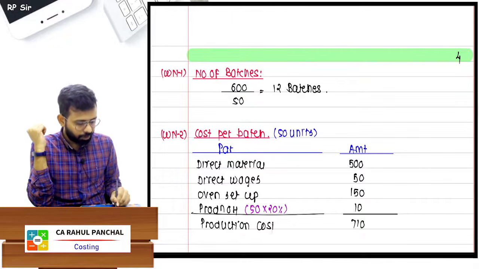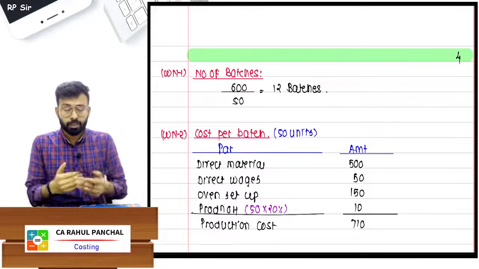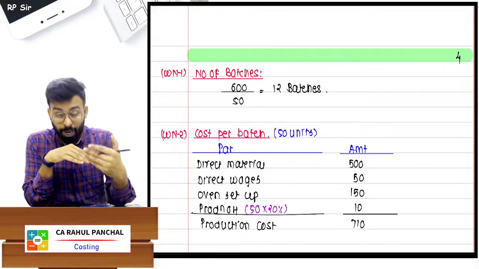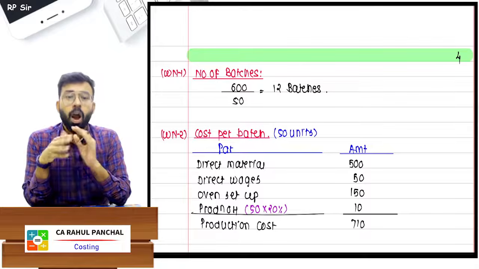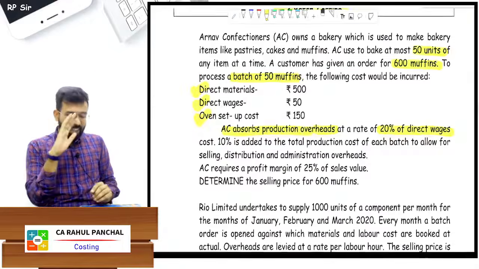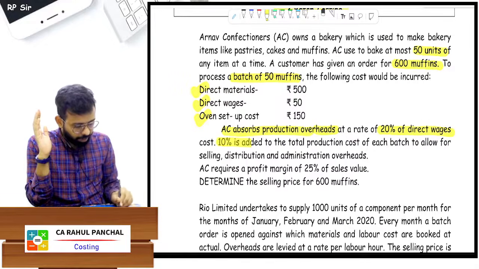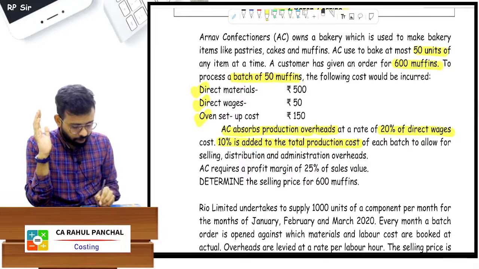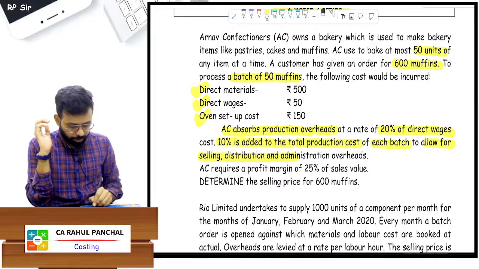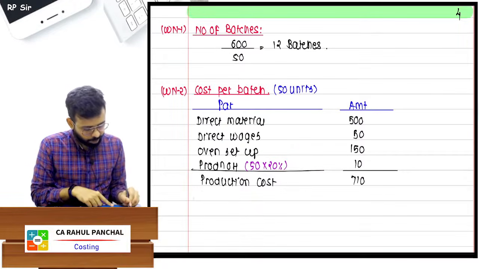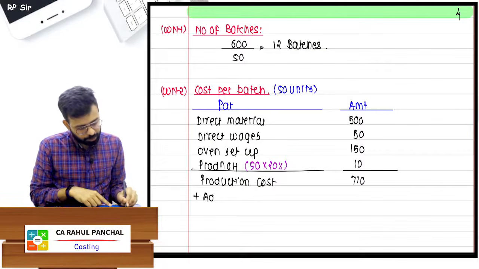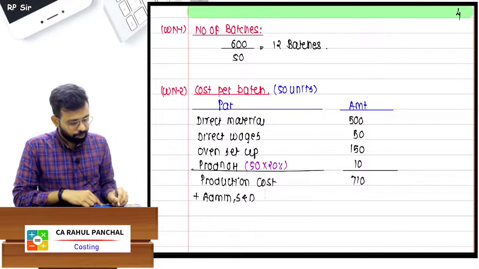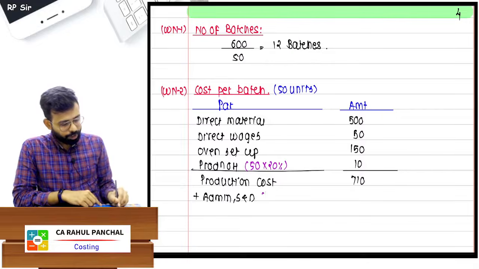All the production expenses are being added, but other than production expenses you incur administration and selling and distribution. It is specified that 10% is added to the production cost of each batch to allow for selling, distribution and administration. So add admin, selling and distribution, which is 10% of this. 10% of production cost means 710 into 10%.